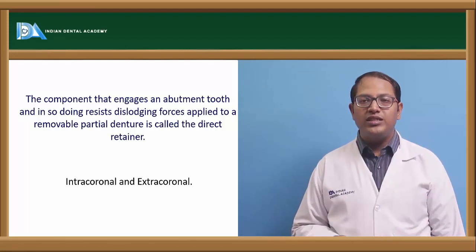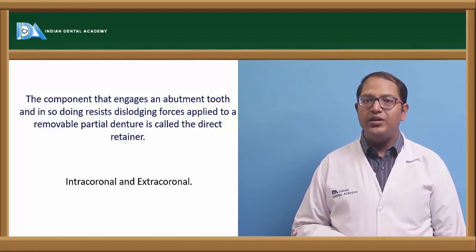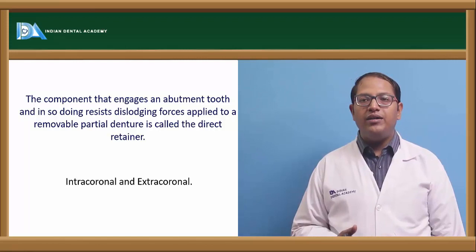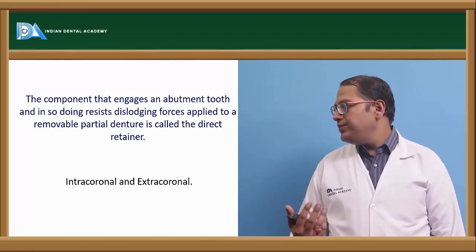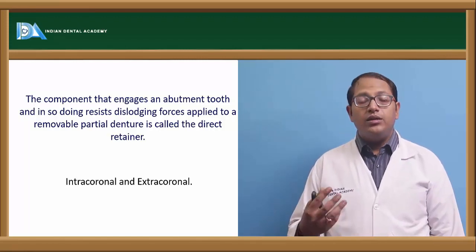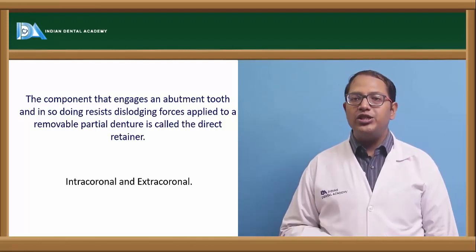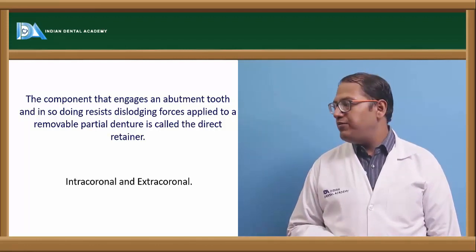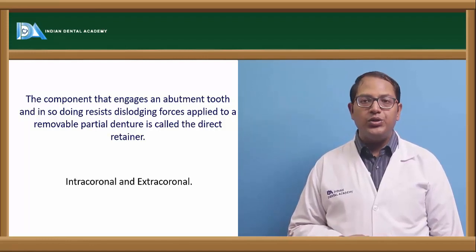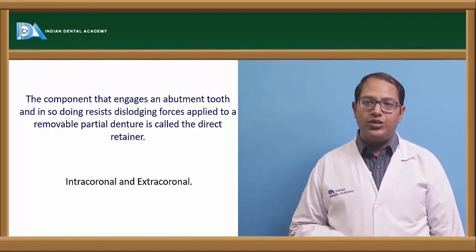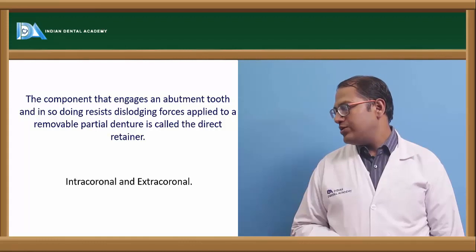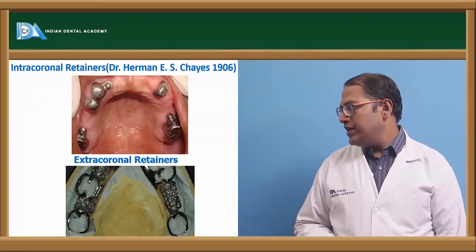The location of this kind of retention on an abutment tooth must be very carefully examined and controlled to prevent any damage to the supporting tooth structure. That is again very important.